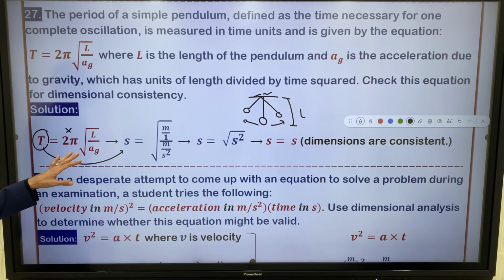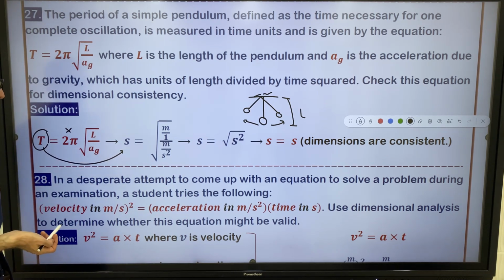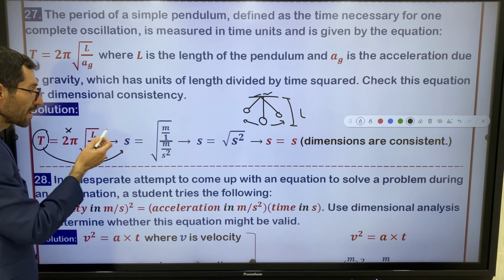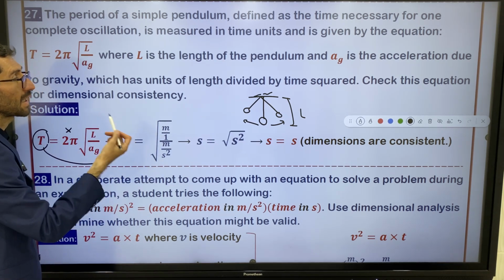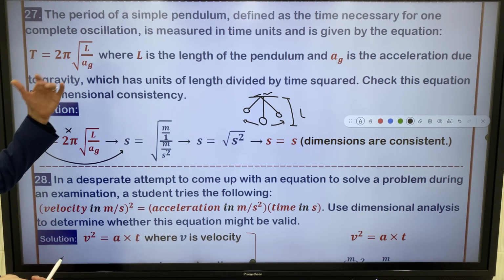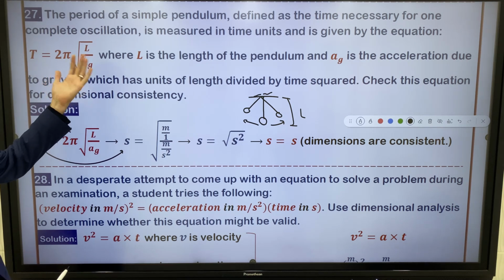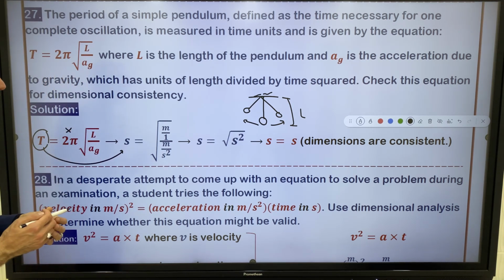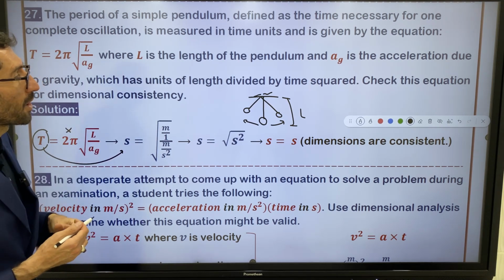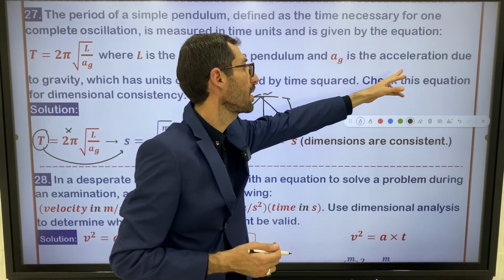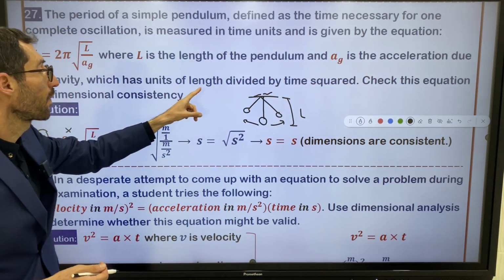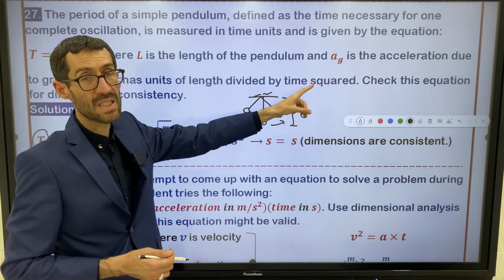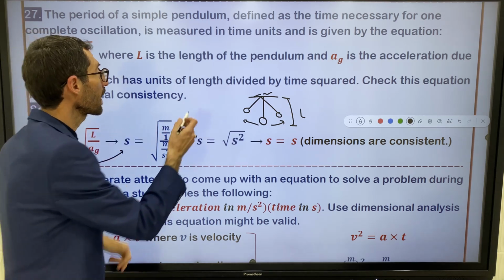a_g, I told you, means acceleration due to gravity. So L is measured in meters, and a_g is measured in meters per second squared. The question gave this information to us because it says acceleration due to gravity has units of length divided by time squared.